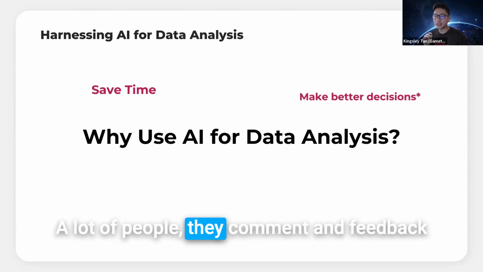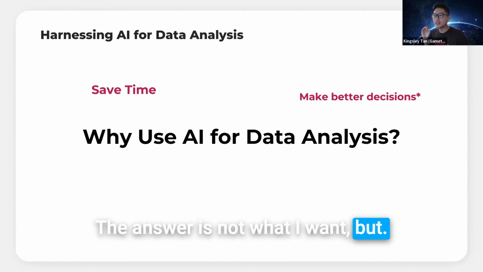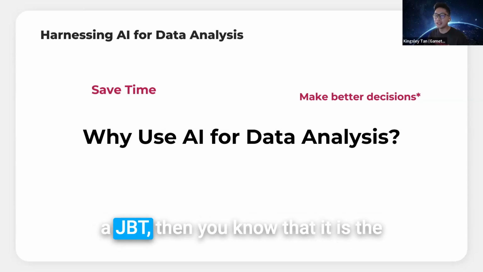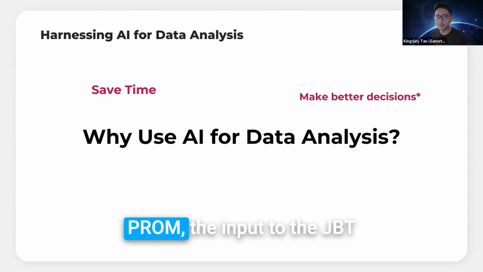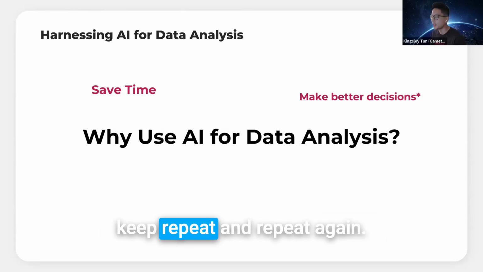A lot of people comment on ChatGPT, for example, that the data is incorrect, the answer is not what I want. But if you take a look at how they use ChatGPT, then you know that the way they use it is not the correct way. The prompt that they input to ChatGPT is not an effective prompt. So that's why you have to keep repeating and repeat again.